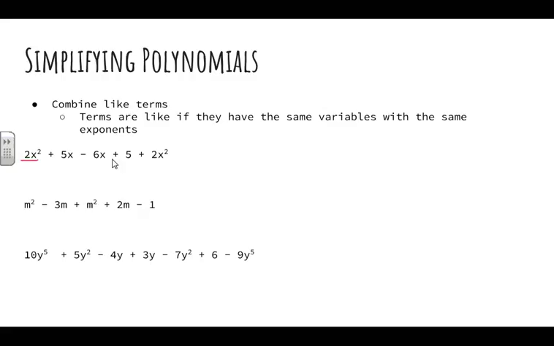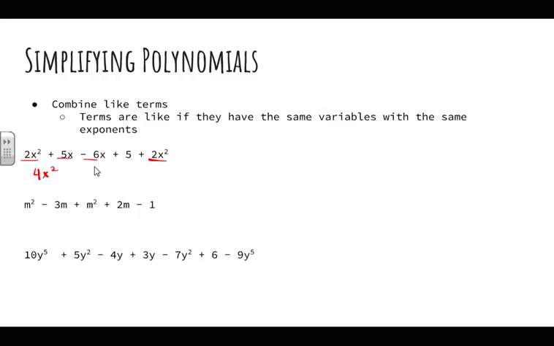So here, we're going to combine. We have 2x squared here, we have 2x squared here. Those two are alike, so we can add them together, and we would just get 4x squared. Just add up your coefficients. Now we have 5x minus 6x.